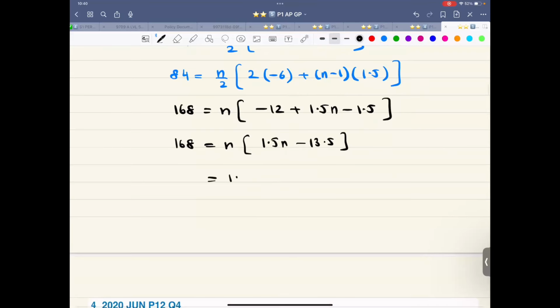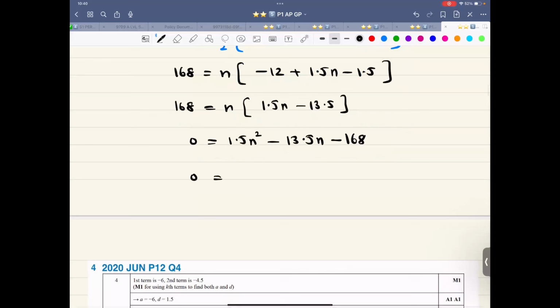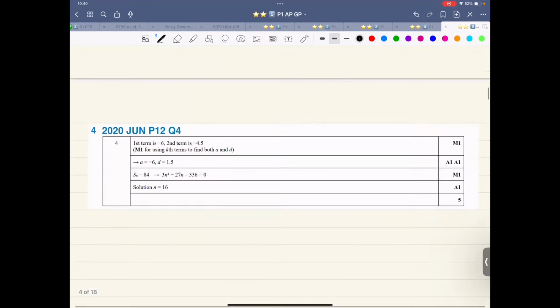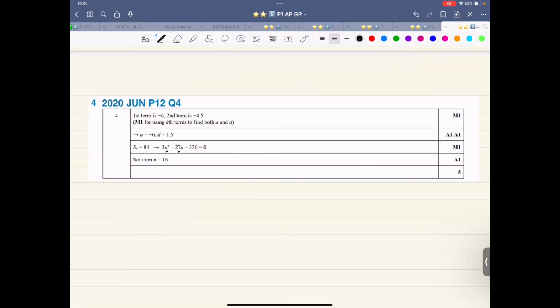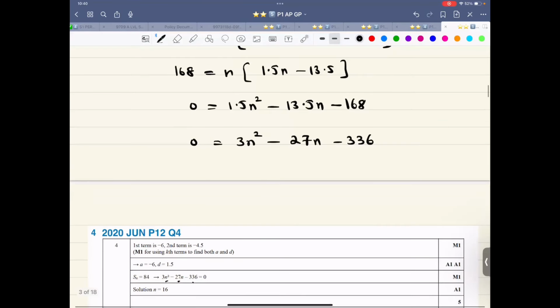Open up the bracket. 1.5n square minus 13.5n minus 168 is equals to 0. 3n square minus 27n minus 336 is equals to 0.